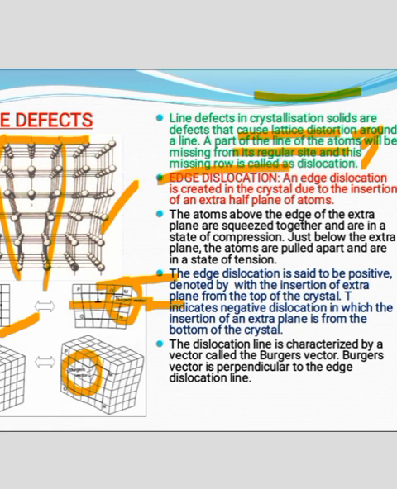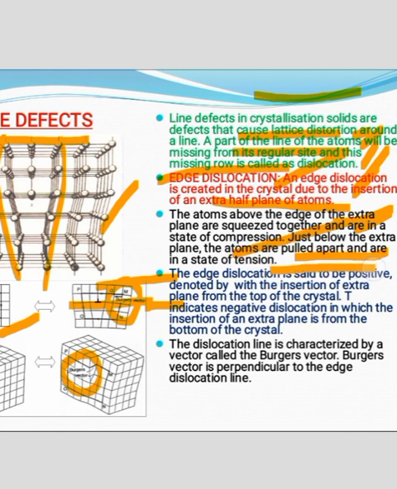Edge dislocation. An edge dislocation is created in the crystal due to the insertion of an extra half plane of atoms. The atoms above the edge of the extra plane are squeezed together and are in a state of compression. Just below the extra plane, atoms are pulled apart and are in a state of tension.